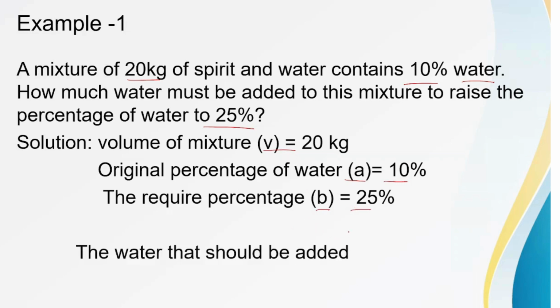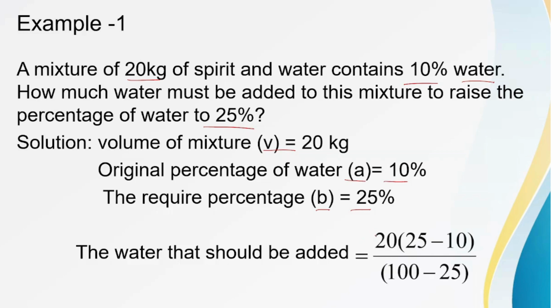So the water to be added is calculated by V into B minus A by 100 minus B. So 20 into 25 minus 10 by 100 minus 25.